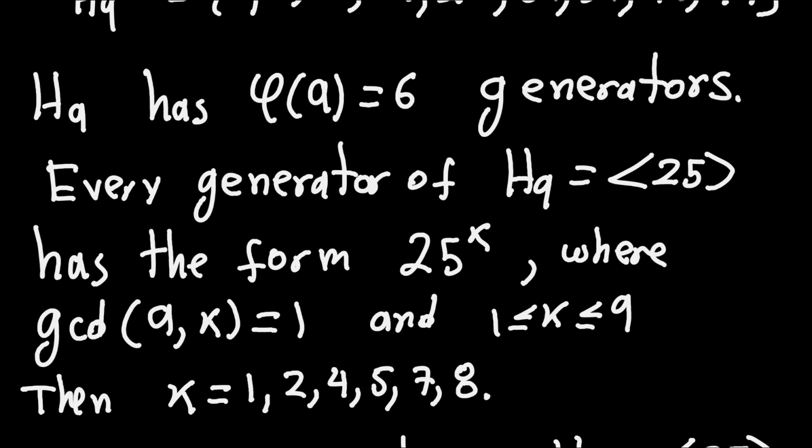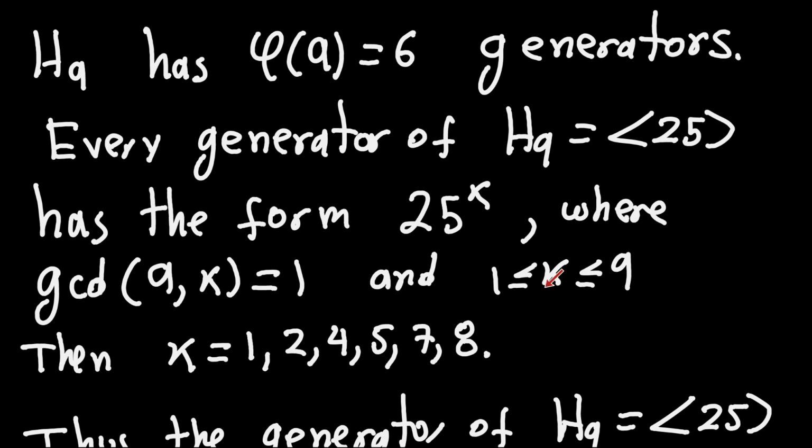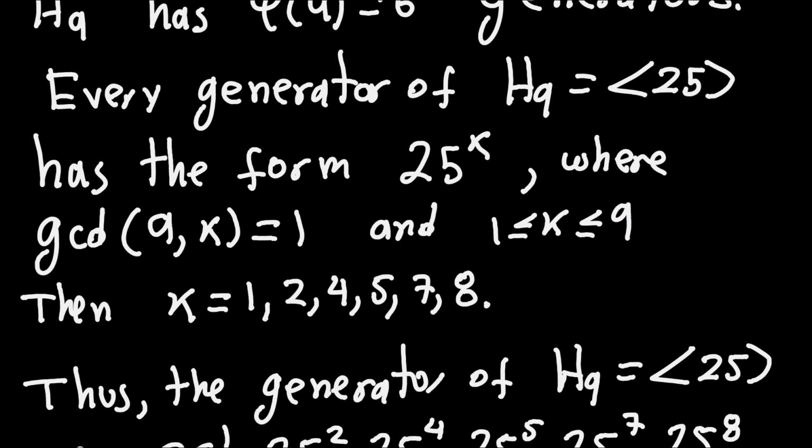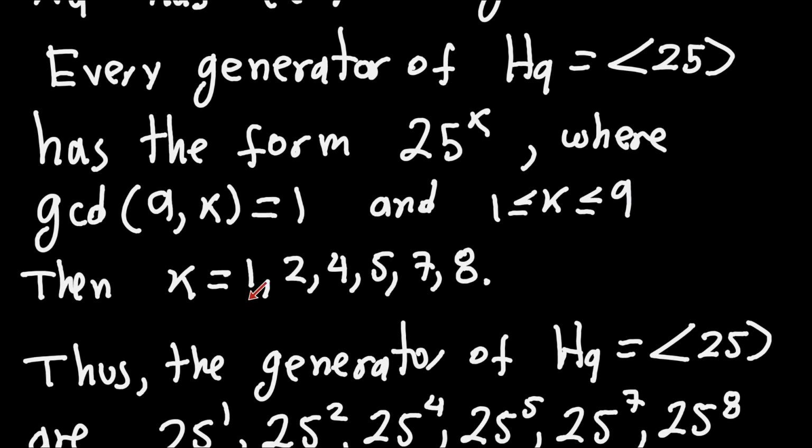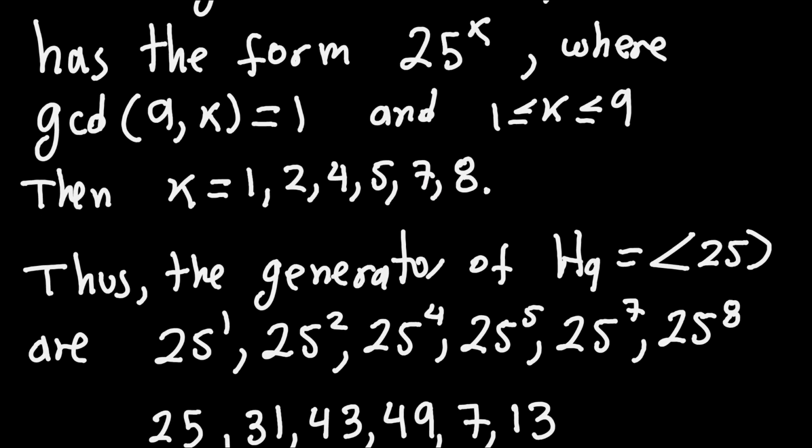Because that's the number of elements in the group, and k is between 1 and 9. Now if you go through the list of the natural numbers that are relatively prime to 9 and between 1 and 9, those natural numbers will be this list here: 1, 2, 4, 5, 7, and 8. So the generators will be those powers of 25.